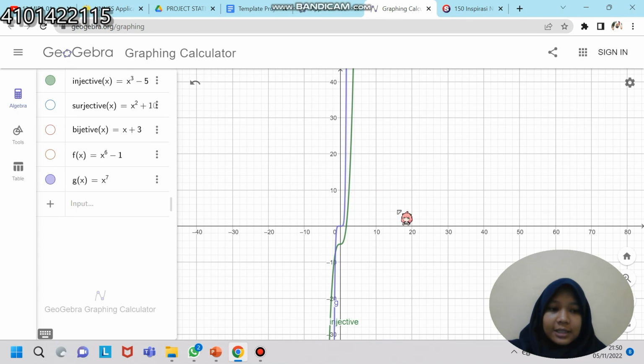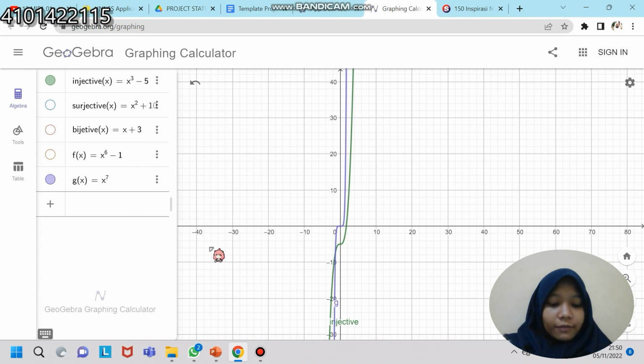So this time, I can conclude that it is a bijective function when the function is only x, and we call it an injective function if there is an x but with an odd power, and then it is a surjective function if it is x with an even power.